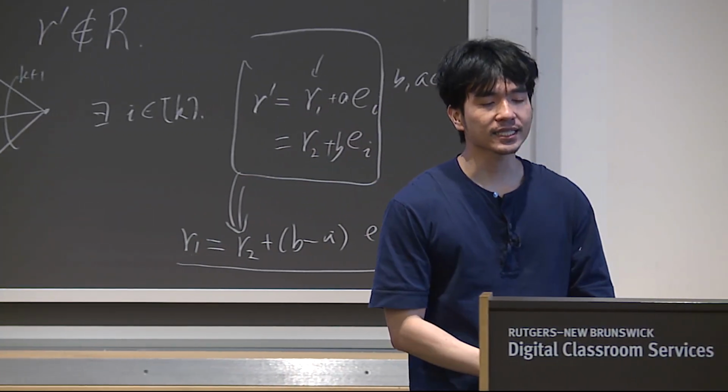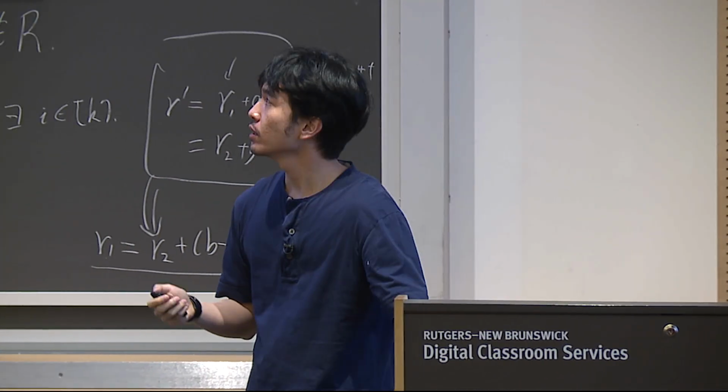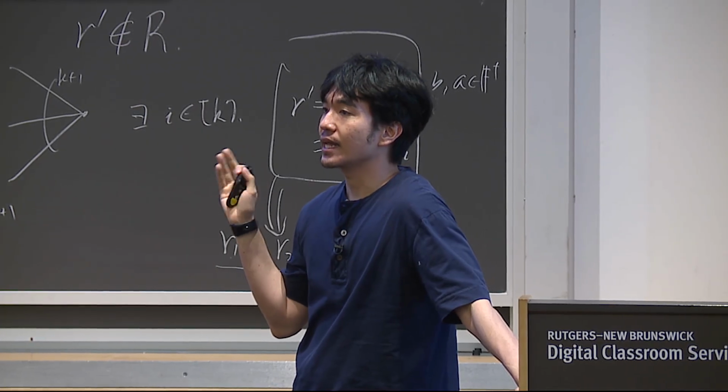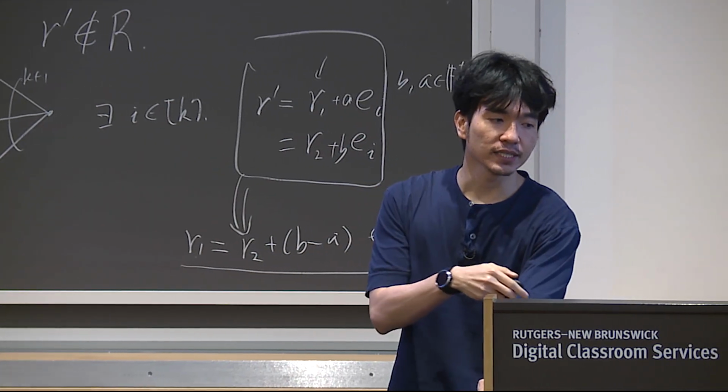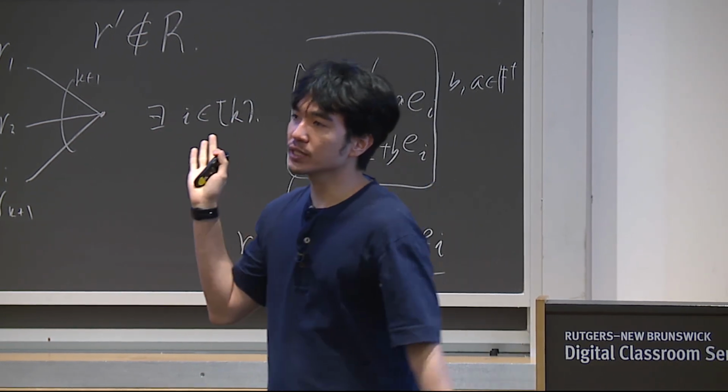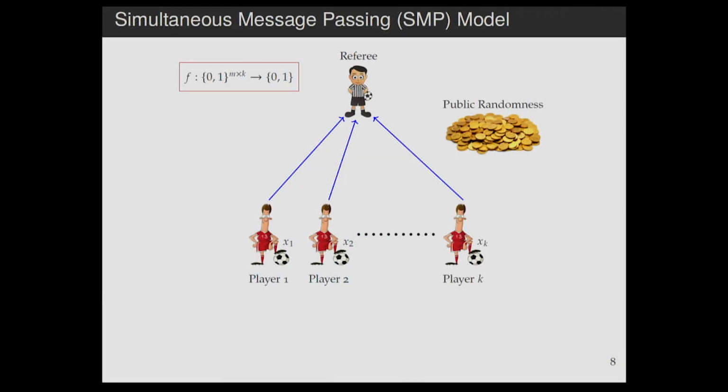Okay, and as I said earlier, for one of the reductions, you in fact need a slightly more powerful protocol, which is the Merlin-Arthur protocol. The setting is almost the same, except with just one thing, which is that there is an all-powerful Merlin who gives the referee some advice mu at the very start of the protocol.